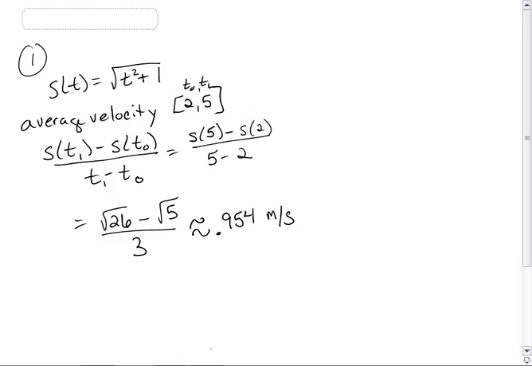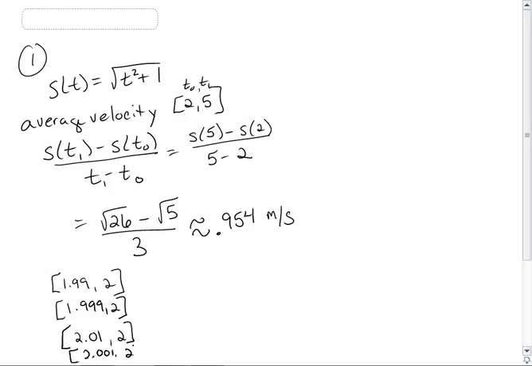Now, then it asks you to find the instantaneous velocity at t equals 2. So you need to find some intervals around 2. So you might go on either side of 2. So you could do 1.99 to 2, 1.999 to 2, and then you could do 2.01 and 2.001.